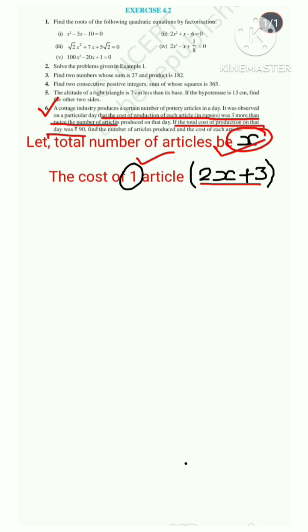Here we simply multiply these two, which gives the total cost of all articles, right? So we can write total number of articles x into the cost of one article 2x plus 3, and after multiplying this we obtain the total cost of production, which has been given here as 90, so it will be equal to 90.